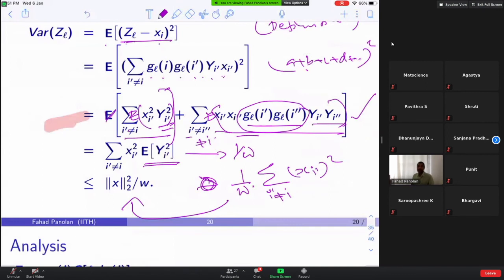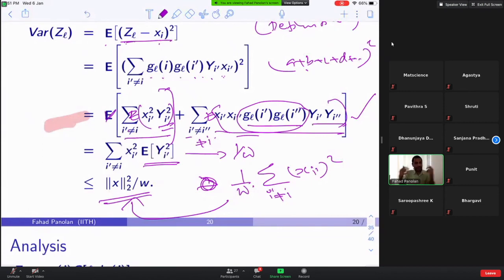So what we got? Variance of ZL. Now, what is variance of ZL? How much ZL deviates from Xi. In expectation, ZL is Xi. Now, how much can it deviate from Xi?